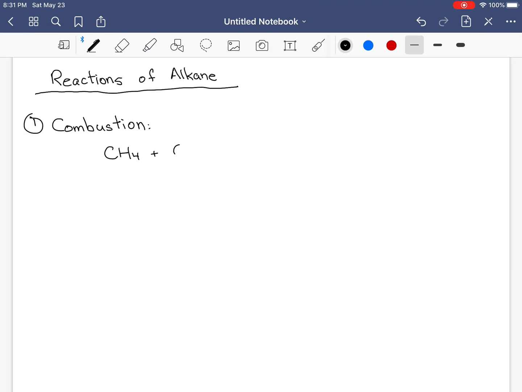Well, hopefully you know, it is oxygen gas. Now, this reaction will go to completion as long as oxygen gas is available. And of course, your products are going to be carbon dioxide and water.